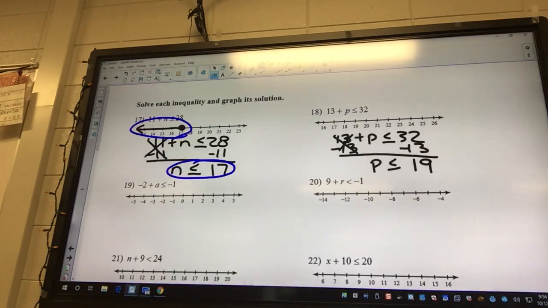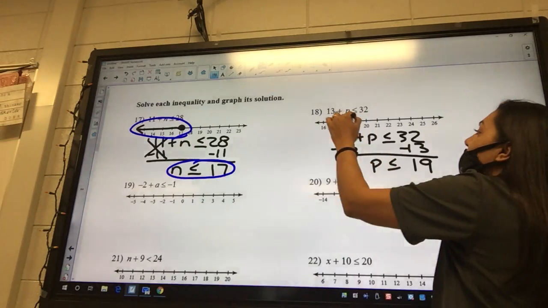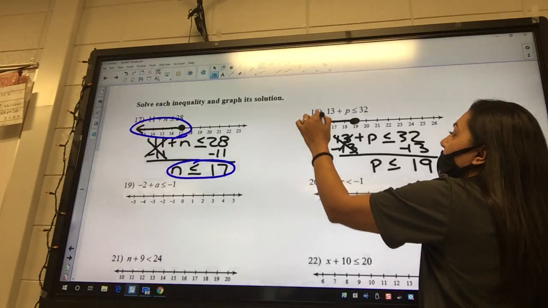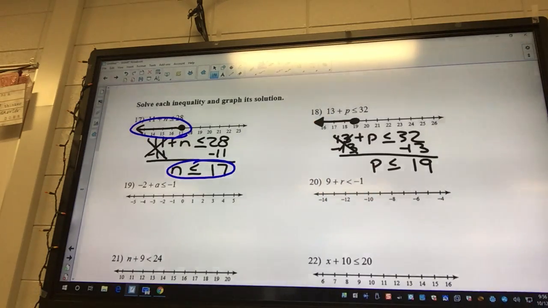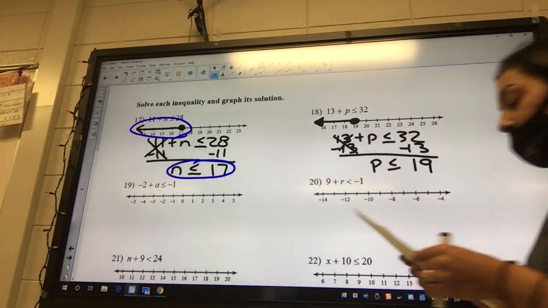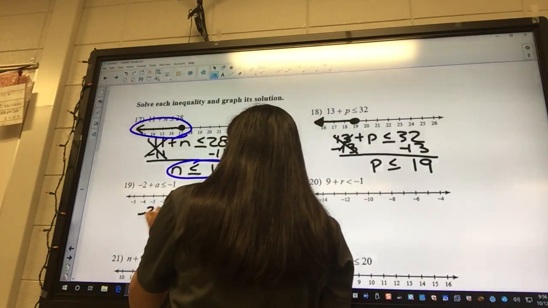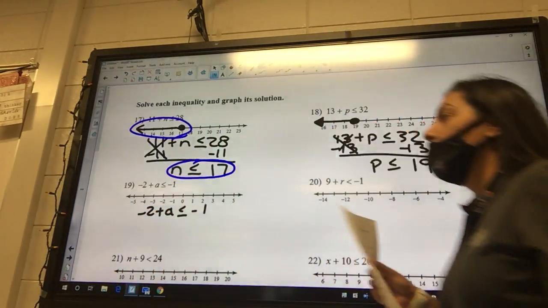It's scary. Okay, open or closed dot? Closed. And which way should it be pointed? To the left. Negative 2 plus a less than or equal to negative 1. Okay, what do we need to do?